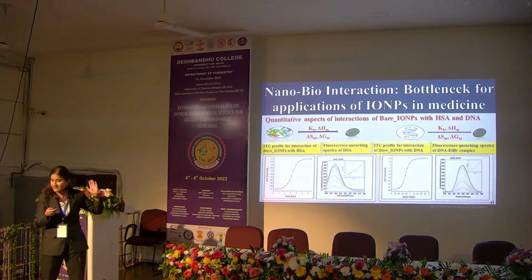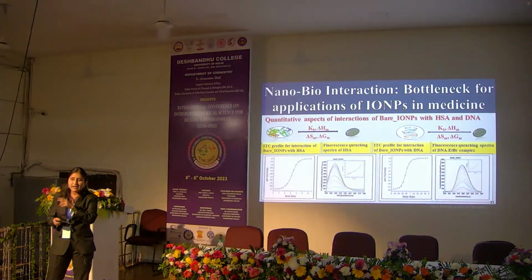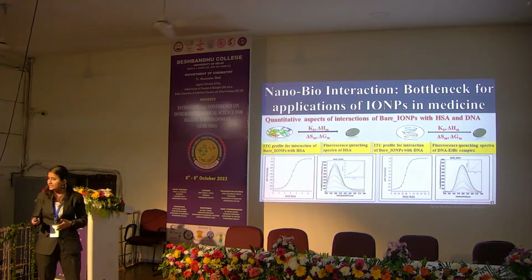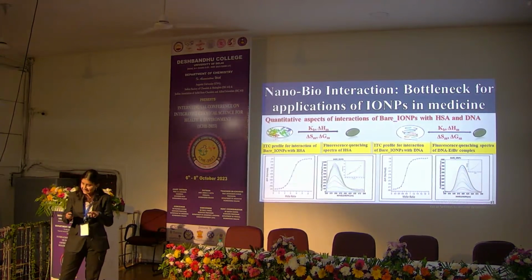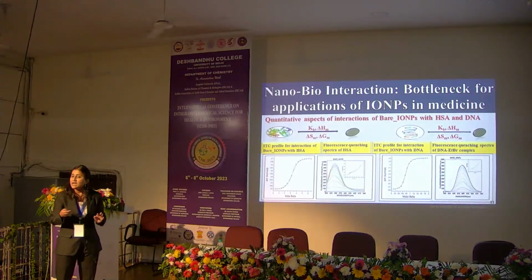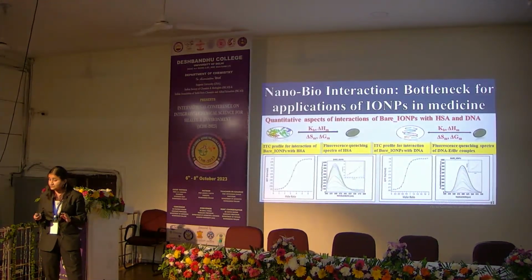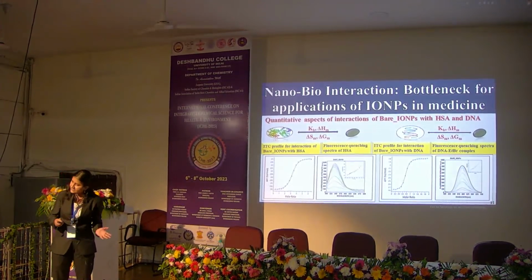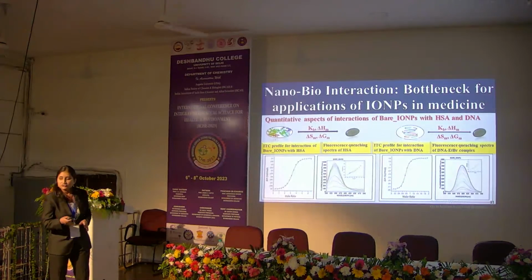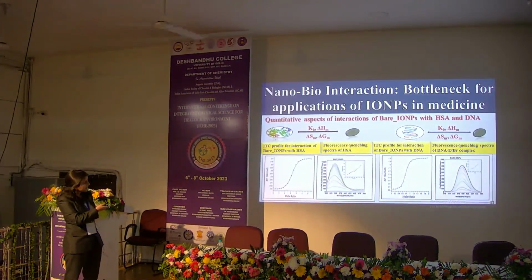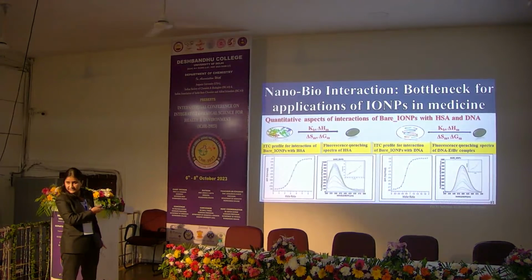Next, for the nanobio interaction studies, we have used spectroscopic and calorimetric techniques. We have performed nanobio interaction studies with two biological macromolecules, namely human serum albumin and DNA. For this, we have used ITC, isothermal titration calorimetry, and spectroscopic techniques. Isothermal titration calorimetry is a microcalorimetric technique that measures the amount of heat released or absorbed during the reaction. So we can determine parameters such as binding constant value, enthalpy change, entropy change, and Gibbs free energy change.